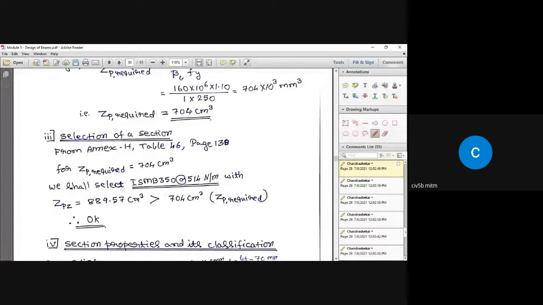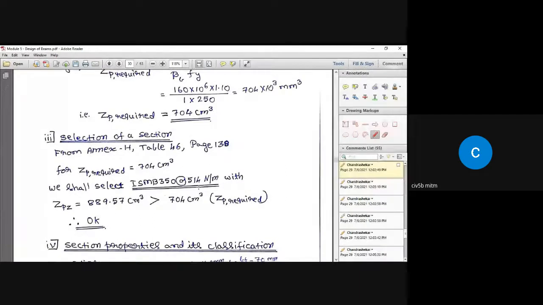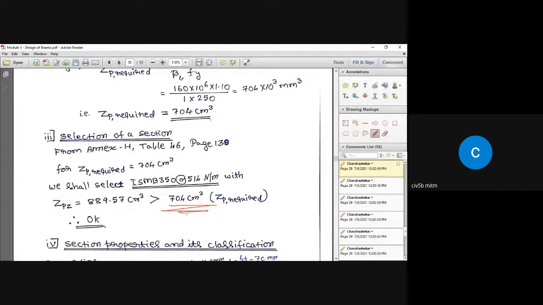Okay, coming to this. If you go with ISMB 300, you are going to get a ZPZ value equal to 651.74, which is less than 704 cm cube. You need at least 704 cm cube. So the next higher section is ISMB 350, whose ZPZ value is 889.57 centimeter cube.